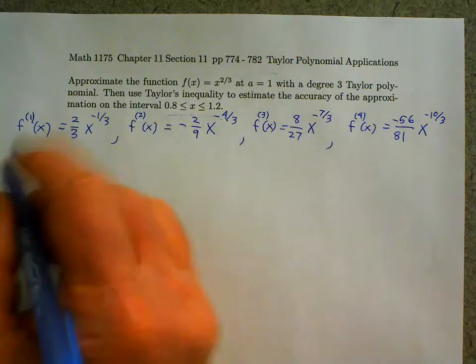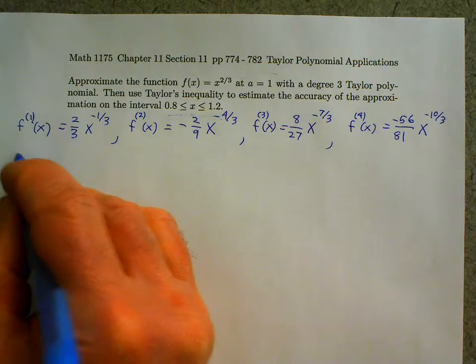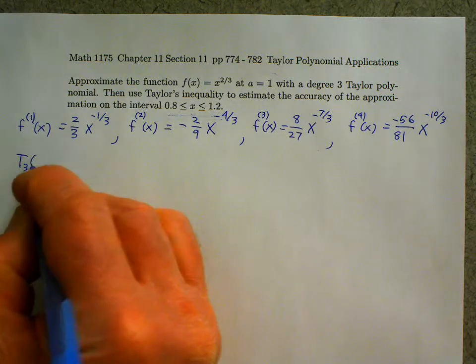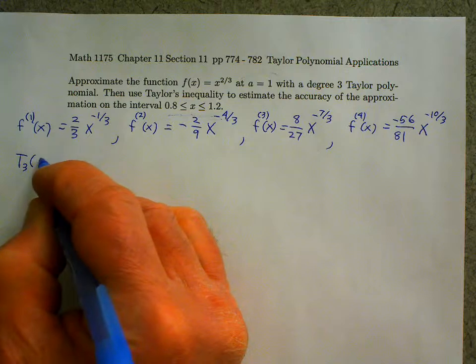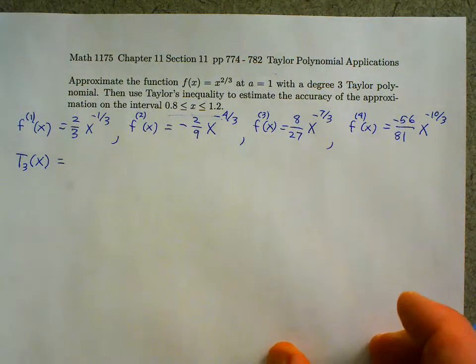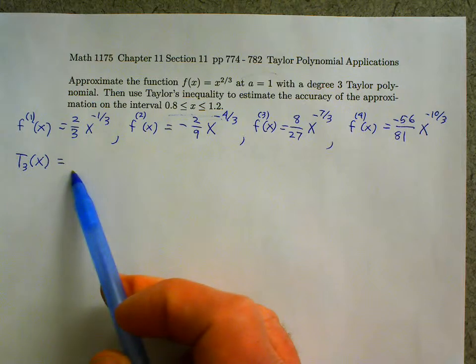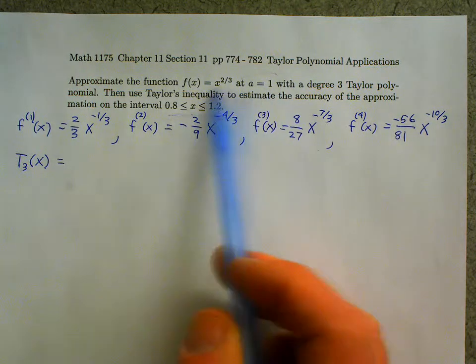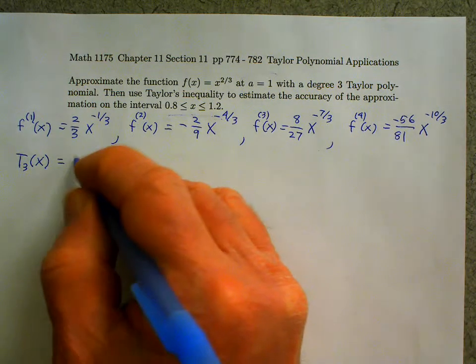Okay, the degree 3 Taylor polynomial at a equals 1. So the first term is f of 1, which is 1 to the 2/3 or 1.